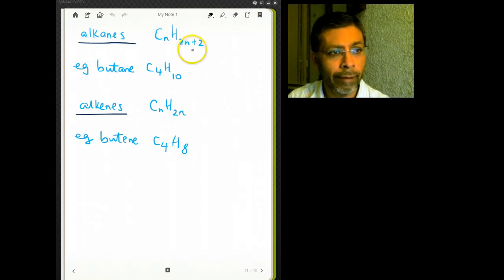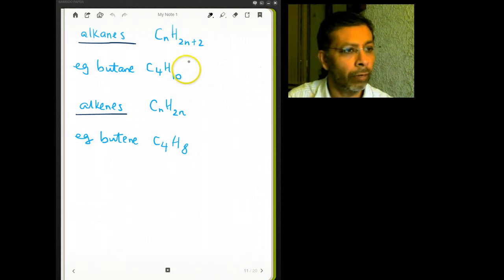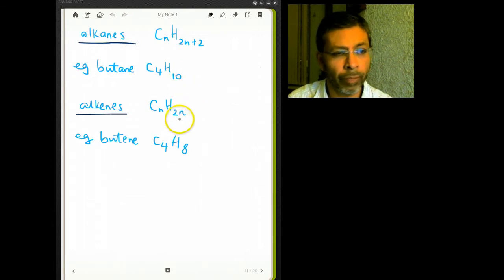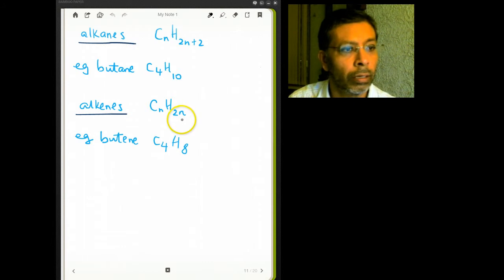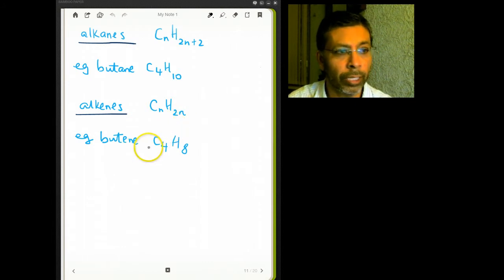Alkanes, CnH2n+2, for example butane. Alkenes, CnH2n. There's less hydrogens in here. So for example butene.